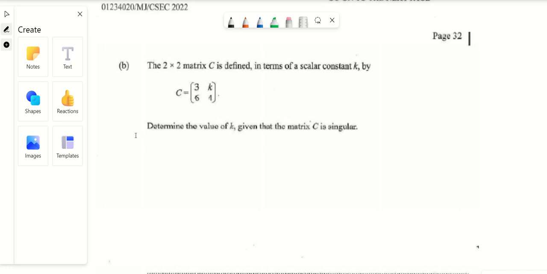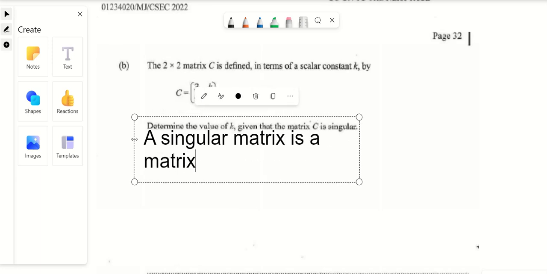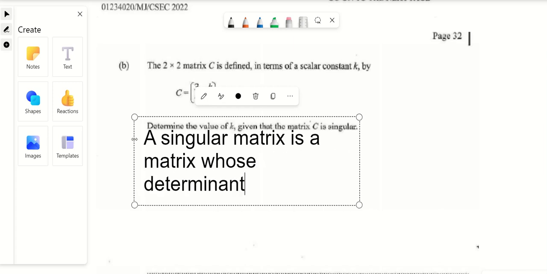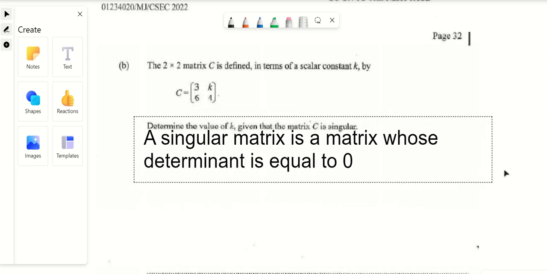Now, a note to know is a singular matrix is a matrix whose determinant is equal to 0. Alright, so a singular matrix is a matrix whose determinant is equal to 0.